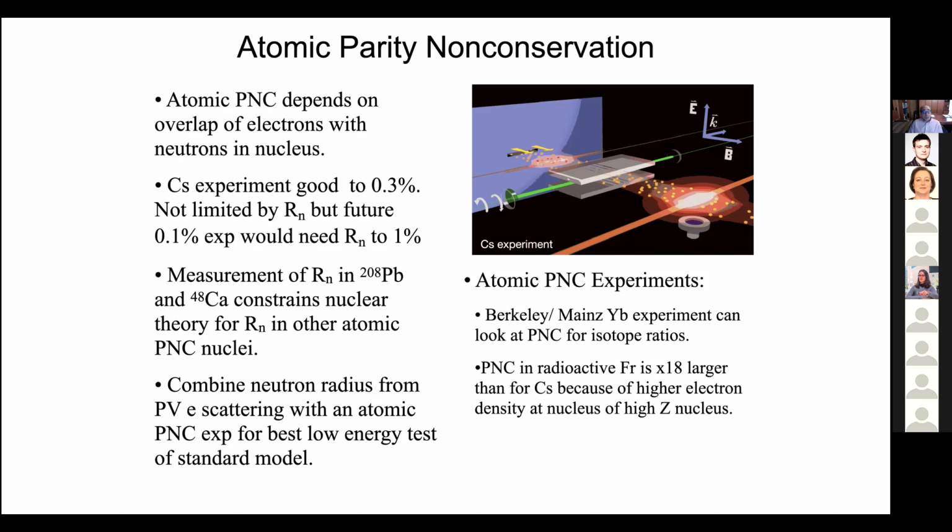And in particular, just to mention one nucleus, francium is a very interesting atomic parity candidate. It has the same relatively simple atomic structure as cesium, but the higher Z of the nucleus greatly increases the overlap of the electrons with the nucleus.